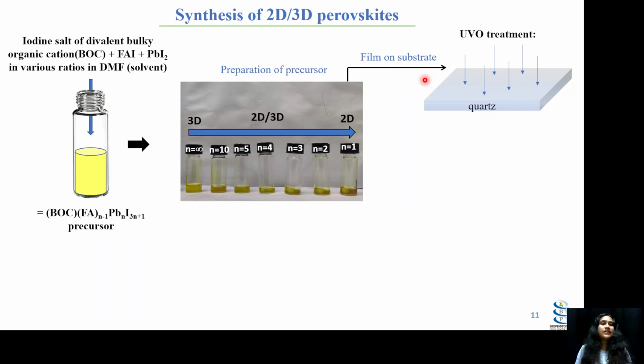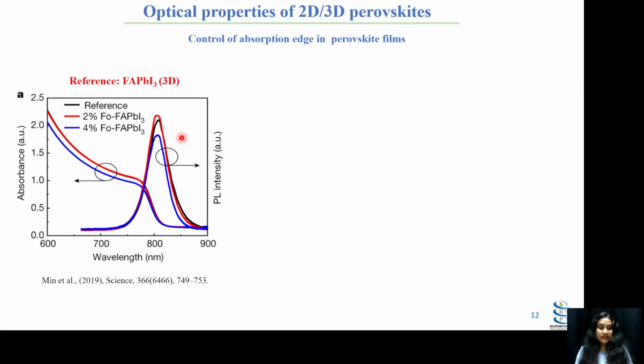of my perovskite samples. So let's have a look at the absorption spectrum. Here is the reference from another paper about pure 3D FAPbI3. We have its absorption spectrum as well as PL in the same image here. If we observe the absorption edge, it's beyond 800 nanometers.